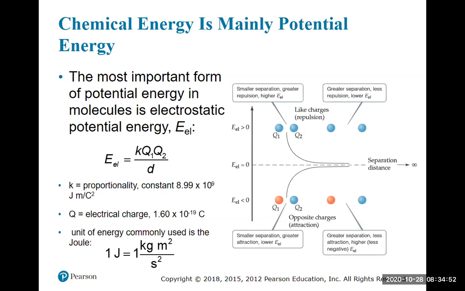If you get a problem where you need to calculate that electrostatic potential energy, or the distance between two atoms or molecules, make sure you remember the units of joule are also kilogram meter squared per second squared.